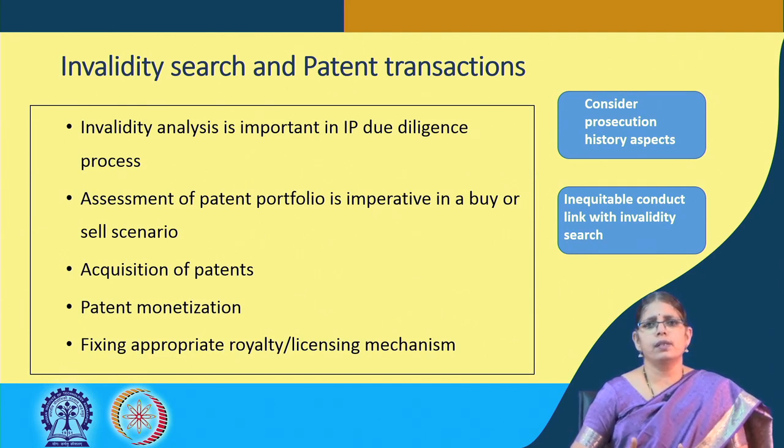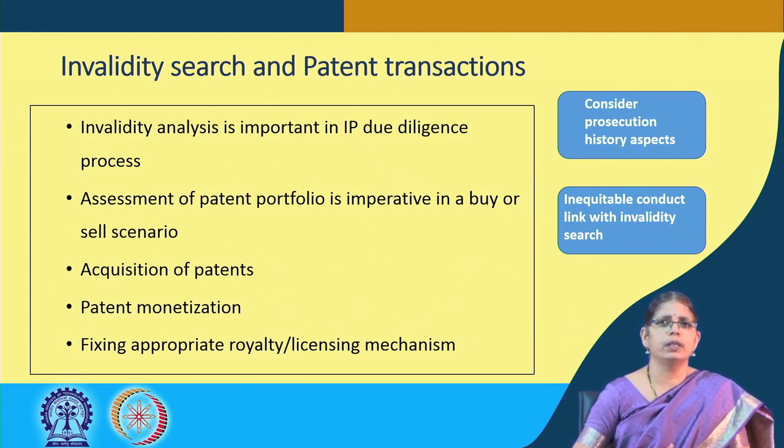Now, during the licensing mechanism, to understand the value of a particular patent application, it is also important to assess the validity. And so, therefore, looking at the option of the invalidity search becomes appropriate to fix the value of the royalty or the type of licensing mechanism.